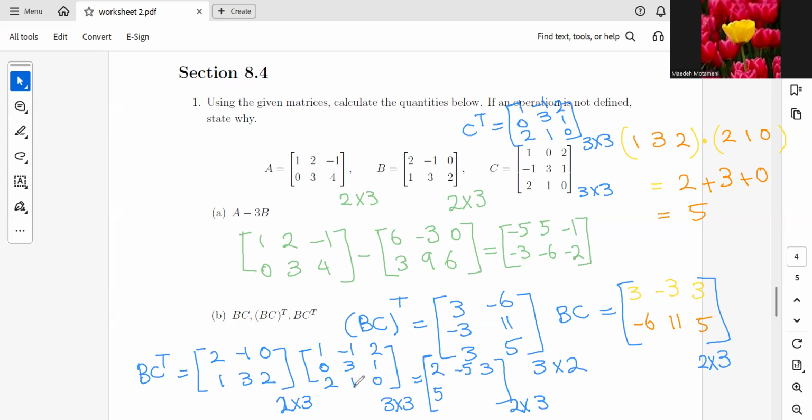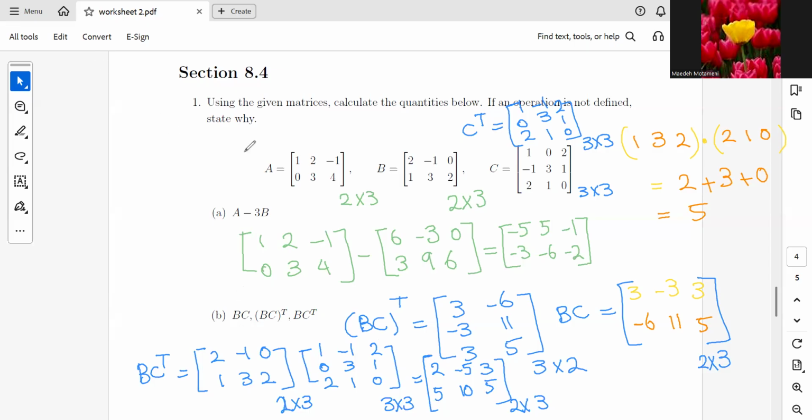Second row, second column, -1 plus 6 is 5. And then, -1 plus 9 is 8, plus 2 is 10. And the third one is 2 plus 3, which is 5.